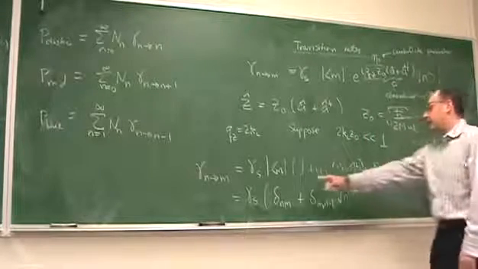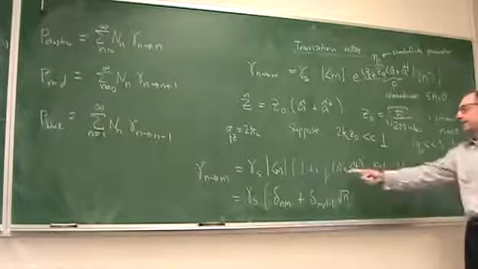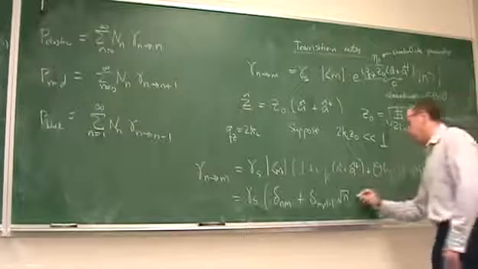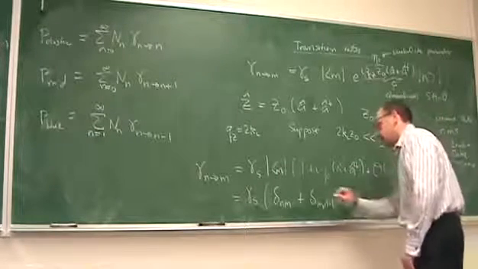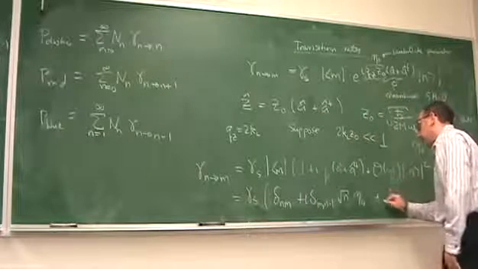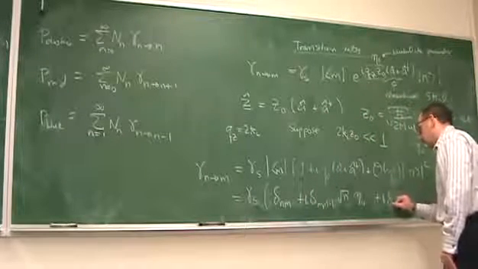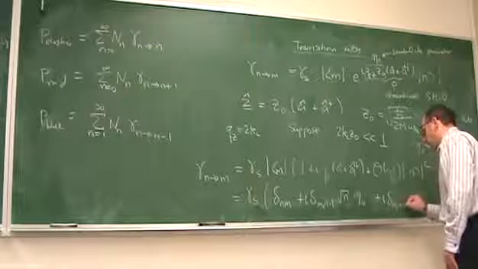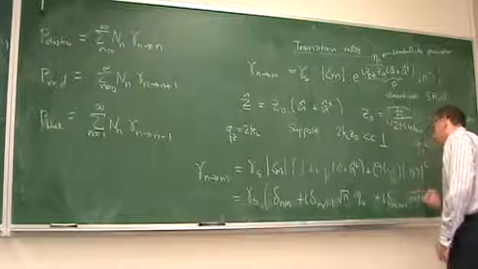That's when I take the lowering operator, then I have eta naught. I have this factor of i, plus i delta m, n plus 1 square root of n plus 1.